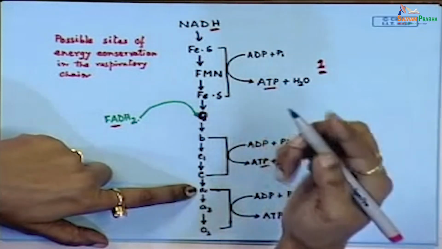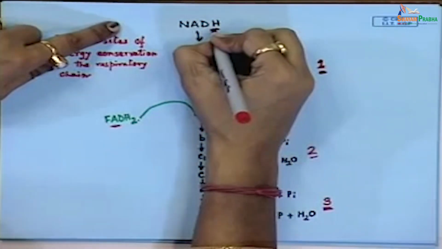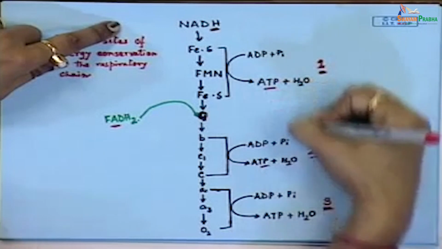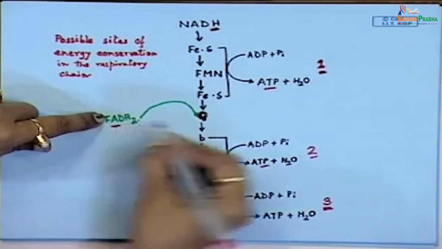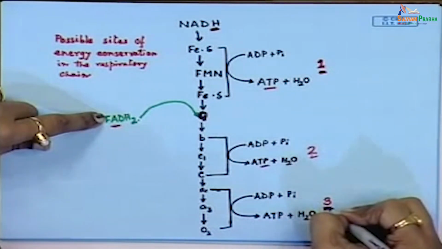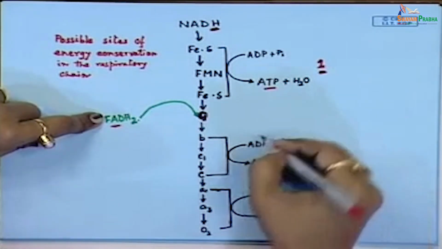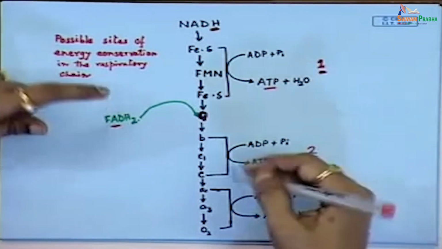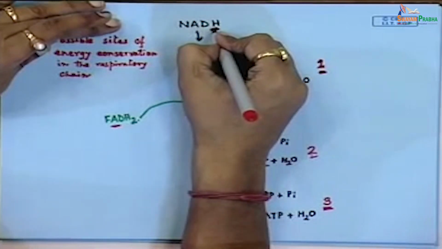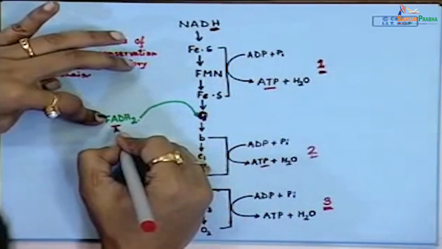So we can say that one molecule of NADH produces 3 molecules of ATP, and one molecule of FADH2 produces 2 molecules of ATP. This is the production pattern of ATP from one molecule of NADH and FADH2.